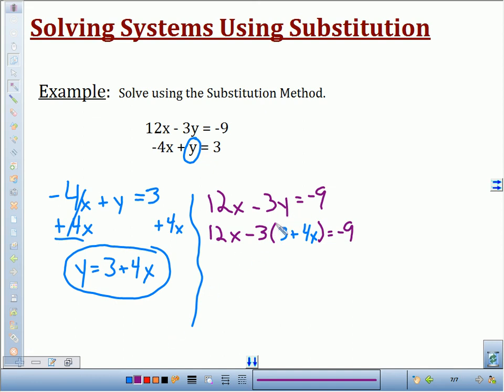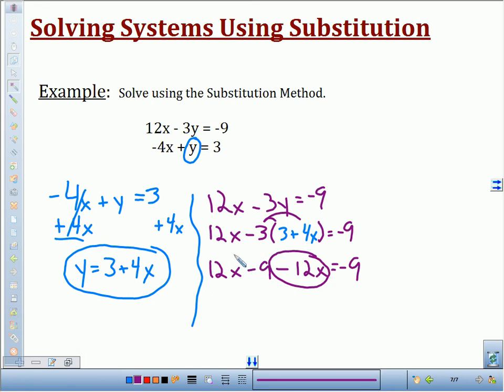Again, I will distribute. I'll have 12x minus 9. Negative 3 times positive 3 is negative 9. Negative 3 times 4x is negative 12x. And that equals negative 9.